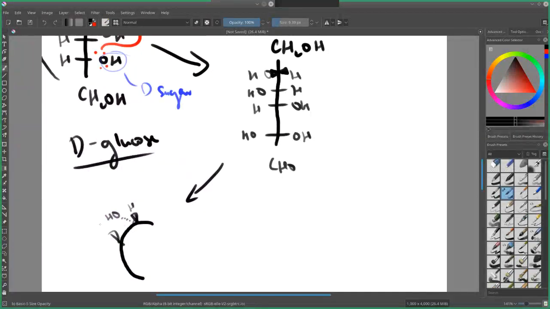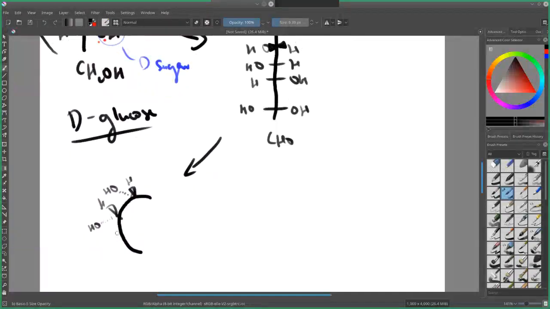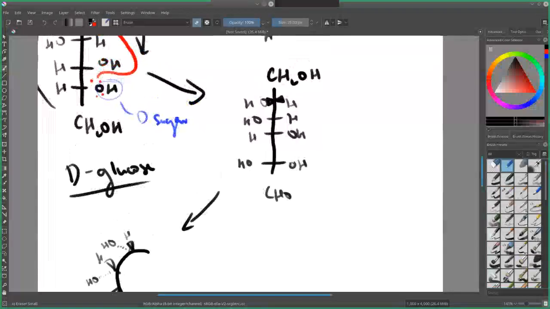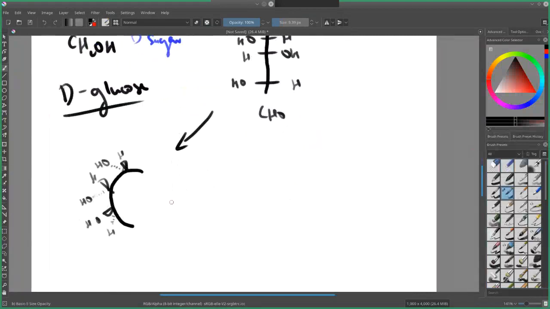And likewise here, this H will be towards us, the OH is backwards, okay? And we keep filling in. Oh, whoops, I drew two OHs here. So this should be just an H. Okay. And so now this OH is facing away. There we go.